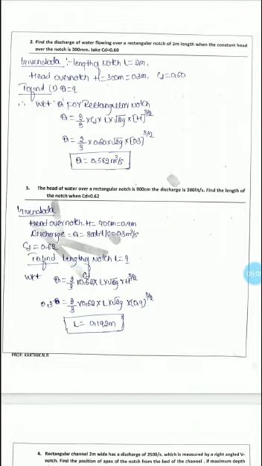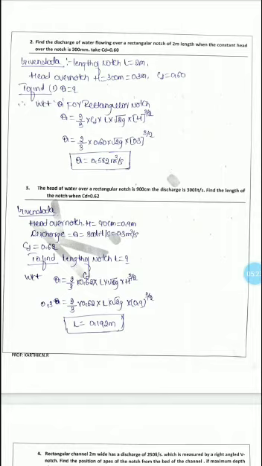We know that discharge Q is equal to 2/3 CD L root 2g H raised to 3/2 for a rectangular notch. Substituting all the values, the discharge is given as 300 liters per second, so we need to convert that into meter cube per second by dividing by 1000.